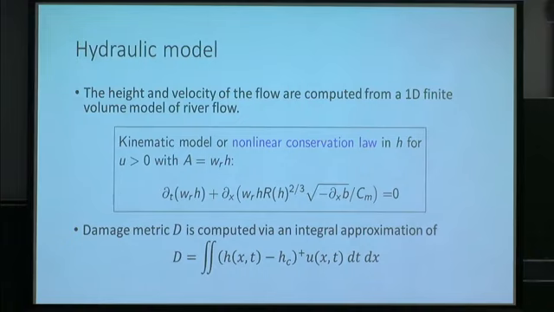And now we'll define our damage metric D. Take H_C, the positive amount, if any, of water in the city, so the flood depth basically, times the velocity of water, integrated over space and time. This doesn't take into account any cost to the housing in the city, and we'll show how that can be incorporated in a minute, but this does take into account flood depth.